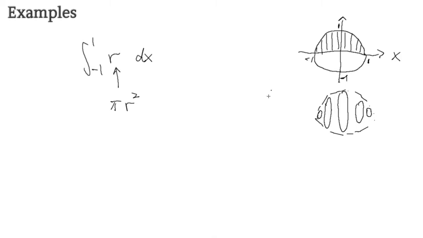Actually, r is a terrible idea, a is a better idea, so area unit, then we have pi r squared, and the value of r is also the same as the y coordinate, so we can turn that into pi y squared.